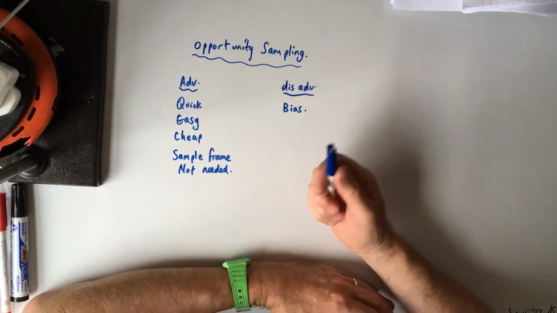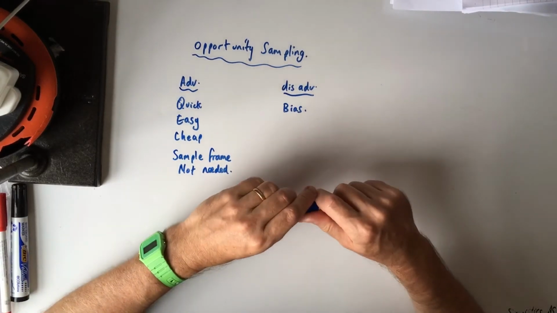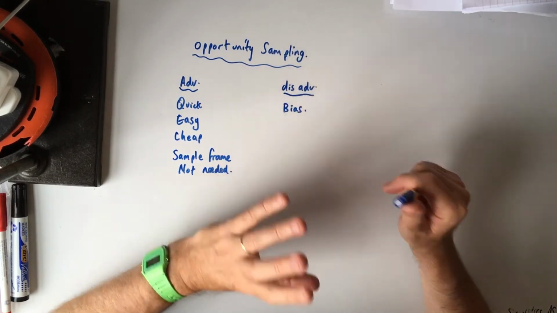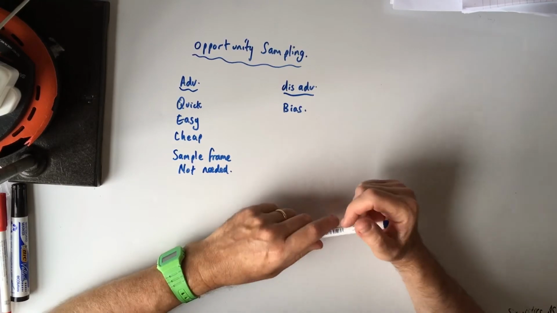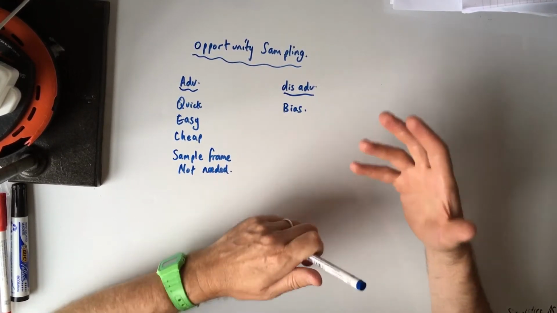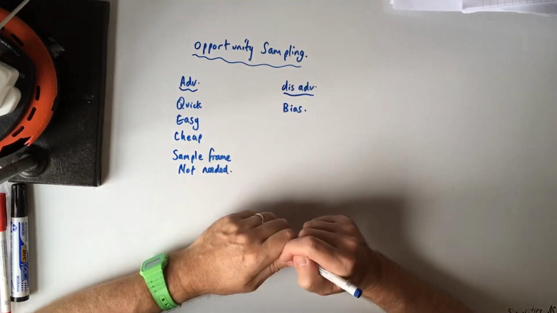It's just the first 100, it's not picking a random 100 sparrows from around the country. It's in one place at one time, and the first 100 into the net, you catch them and weigh them. It might be biased towards a particular region and food supply and so on. So that's opportunity sampling.